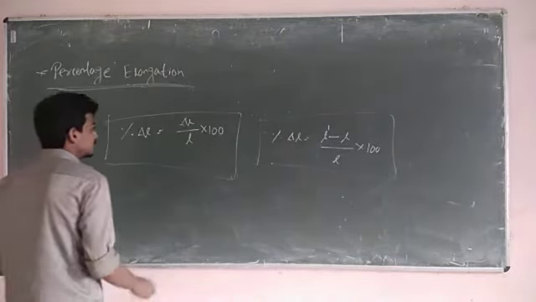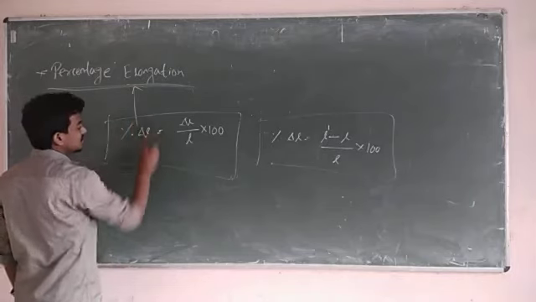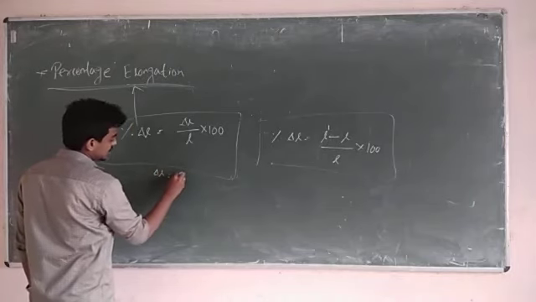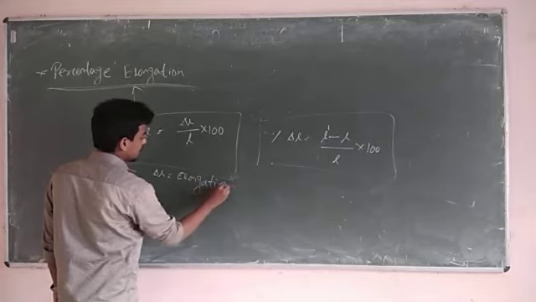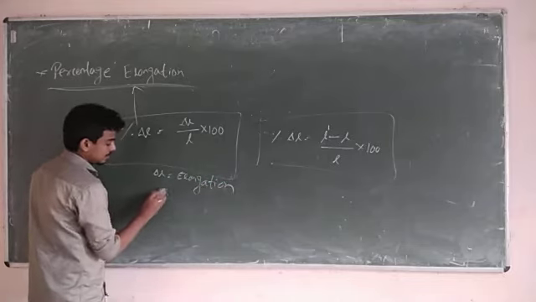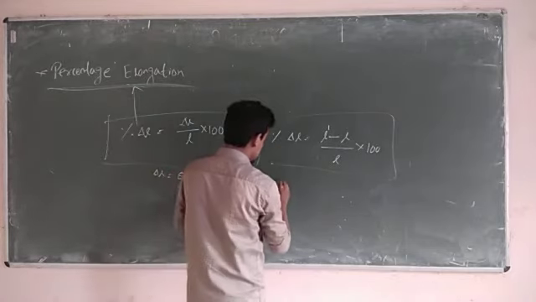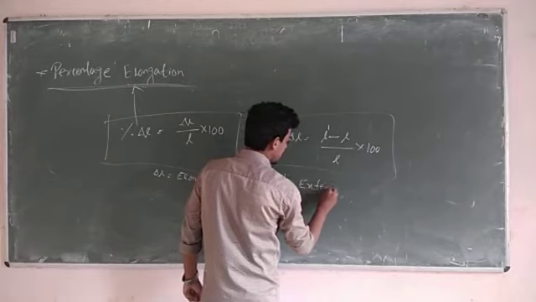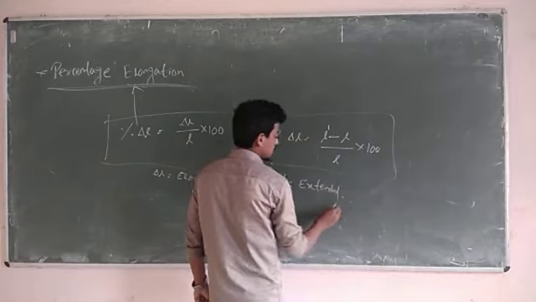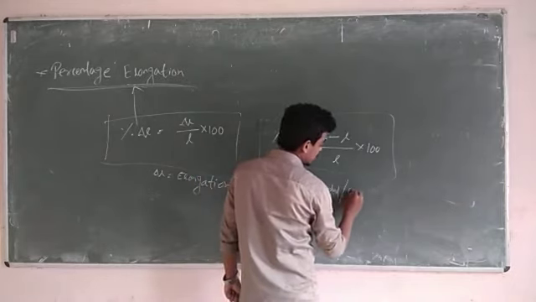Here it is percentage elongation. Delta L means elongation. Here L dash means extended length. Extended or contracted, whatever.